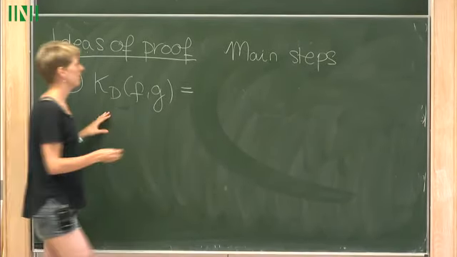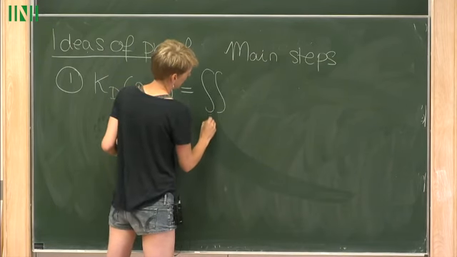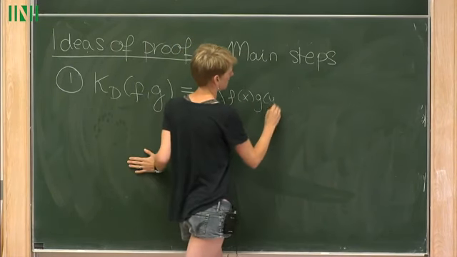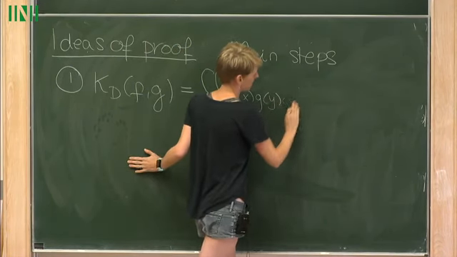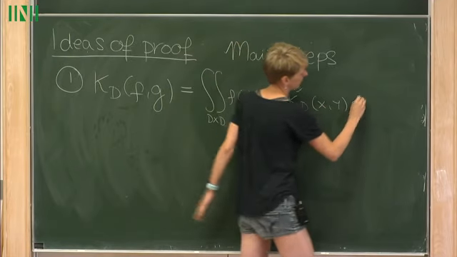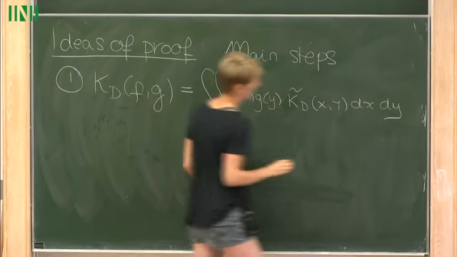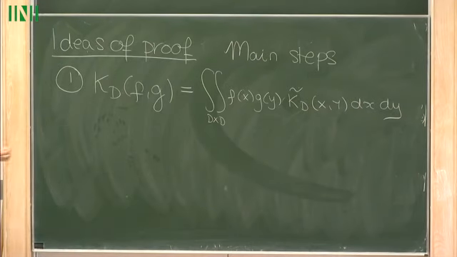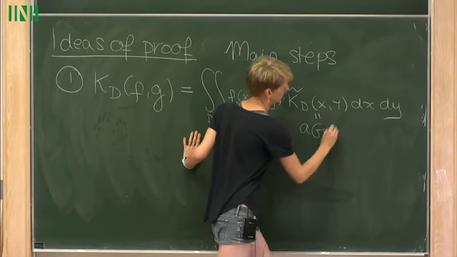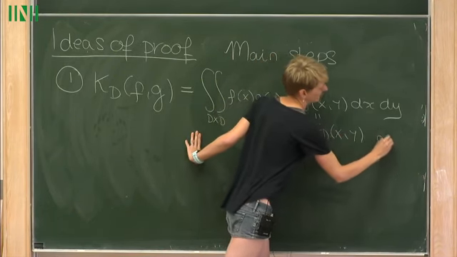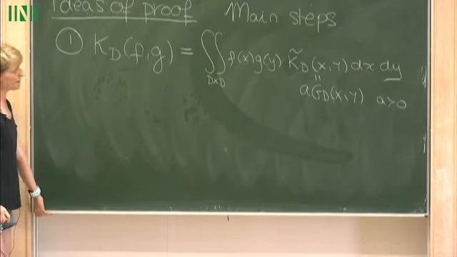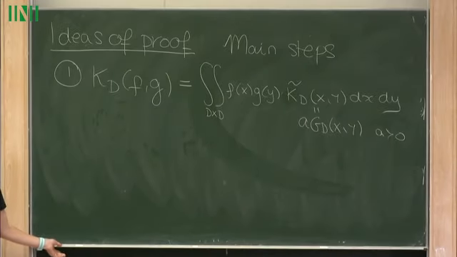So this is the same as integrating F and G against some function, which I'll call K_D tilde of x,y. Okay? And of course, what we would like to show in the end is that this thing is some positive multiple of the Green's function. Okay? So that's the first step, kind of identifying the covariance.